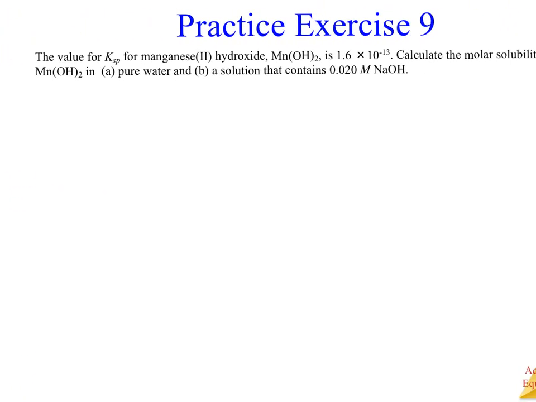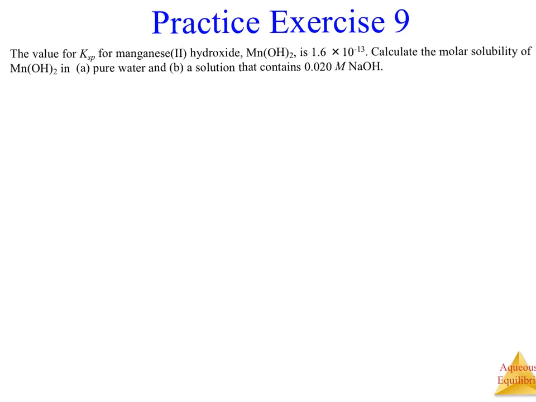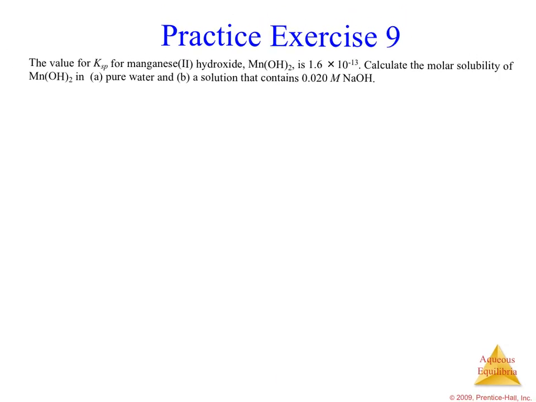So in this practice exercise 9, we're looking at manganese(II) hydroxide. So we're told the value for Ksp of manganese(II) hydroxide is 1.6 times 10 to the negative 13. Calculate the molar solubility of Mn(OH)2 in pure water and also in a solution that contains 0.020 molar NaOH.